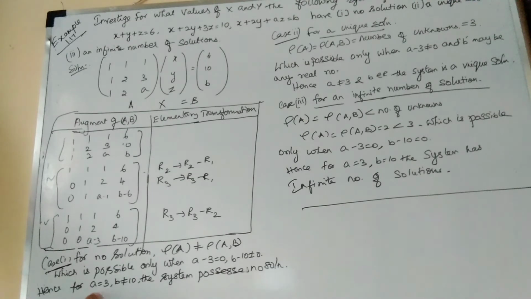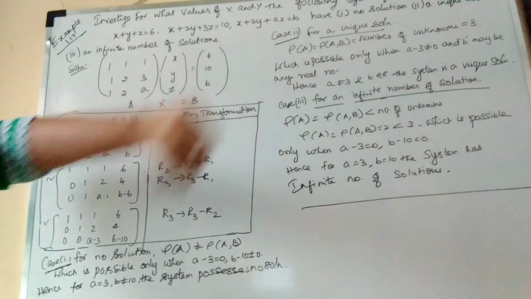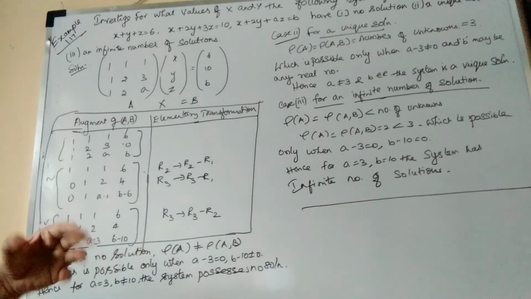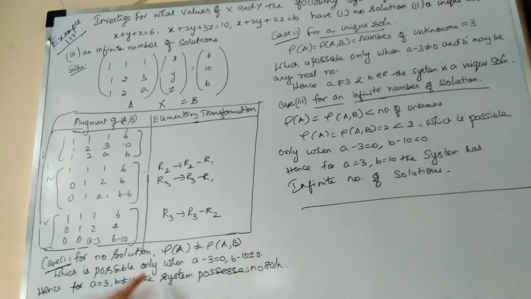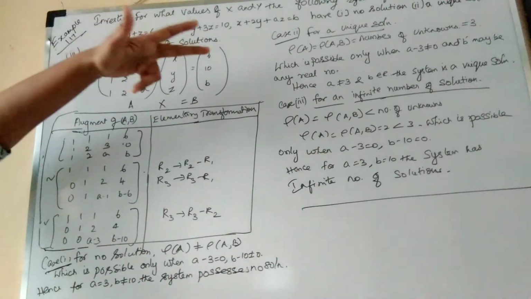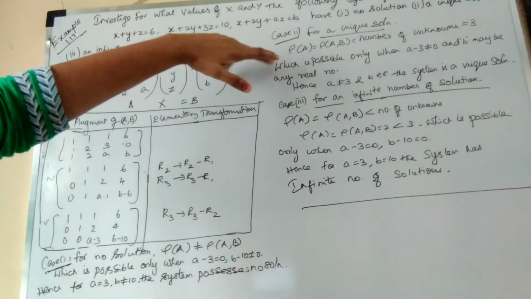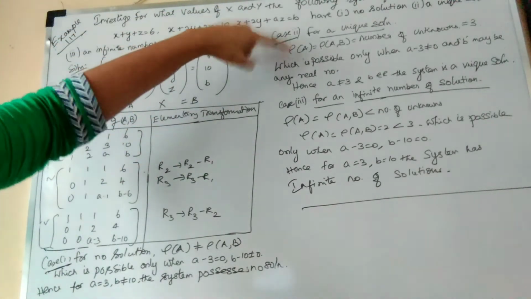So what is the condition? a should be equal to 3, and b minus 10 is not equal to 0. That is the case: rank of A should be 2 and rank of AB should be 3. So what is the case for a unique solution? Both the ranks should be the same, and since there are 3 unknowns, both ranks should be 3.